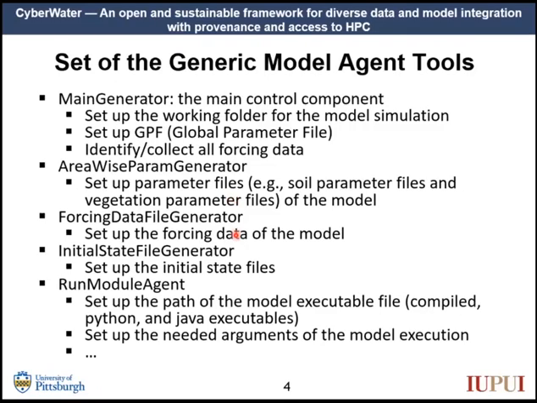That's the parameter generator: it sets up the parameter files for the model agent to read. For the forcing data, we retrieve them from the data sources, but you need to give this data to the model, because the data is in the MSM.